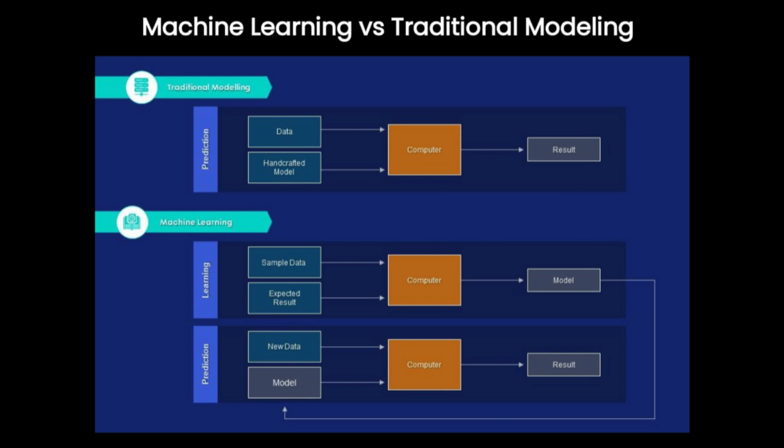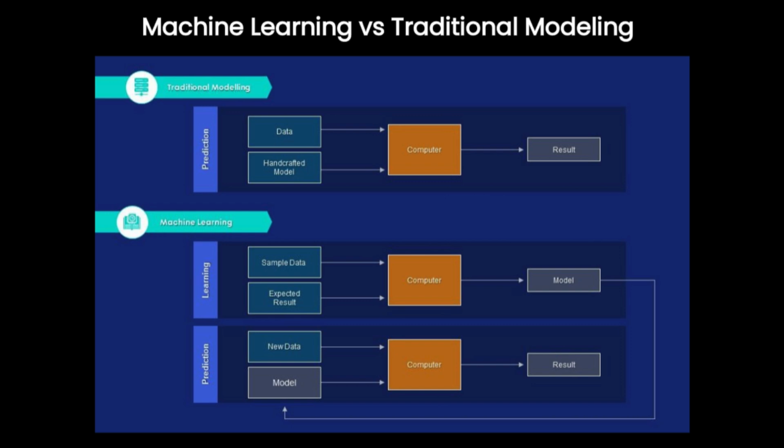In traditional modeling, humans manually design rules and logic. We provide data and a handcrafted model to the computer, and the computer simply follows those predefined rules to produce a result. If the rules are wrong or the environment changes, the system fails unless we rewrite the logic. In machine learning, the approach is completely different. Instead of writing rules, we provide sample data along with expected results.